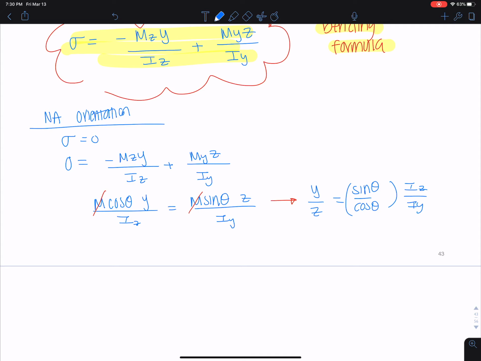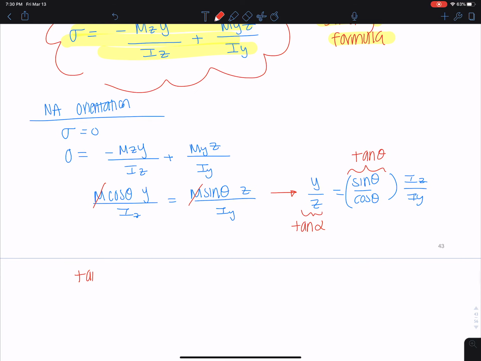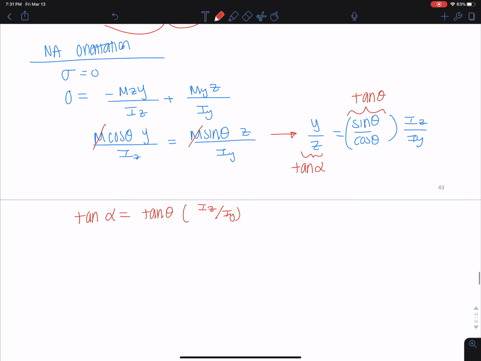And if we keep simplifying, we can call this quantity, y over z, tangent alpha. This here is tangent theta. And we get this function that tangent alpha equals tangent theta times Iz over Iy. It's a function of those moments of inertia. And alpha is equal to the orientation of my neutral axis.